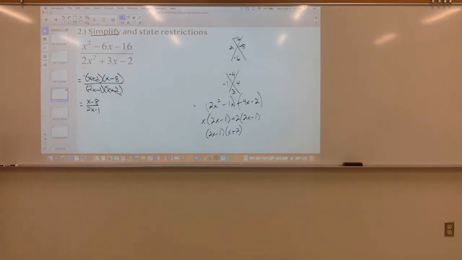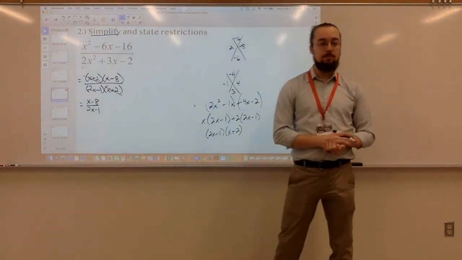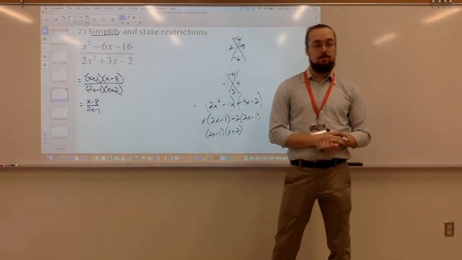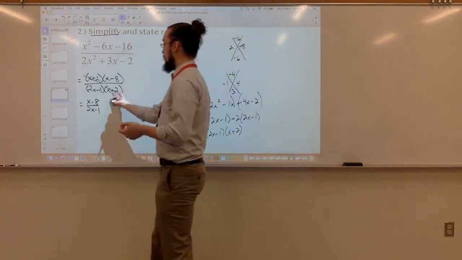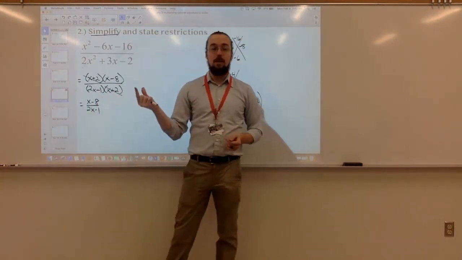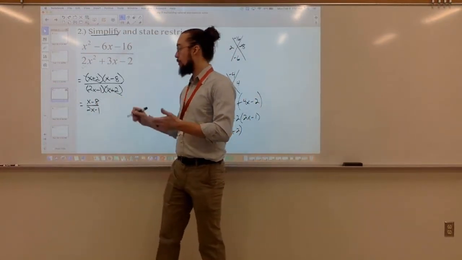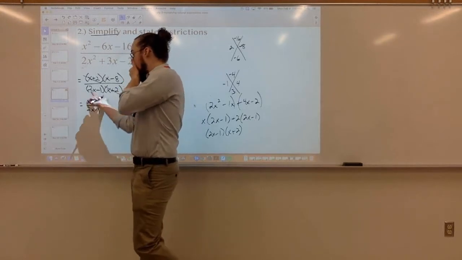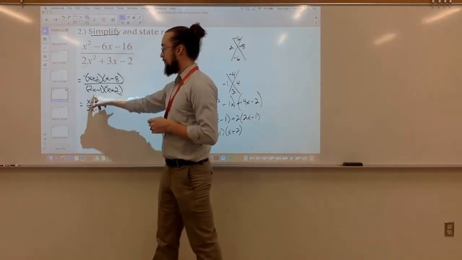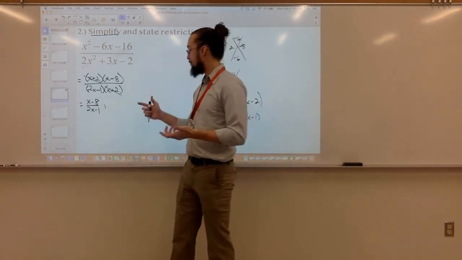Now we still have to state our restrictions. How do I do that? You have to write down 2x minus 1 equals 0. What we're looking at are these two factors in the denominator. We have to say neither of these factors can equal 0. So what number that I plug in for x in either of these places would make that factor equal to 0?